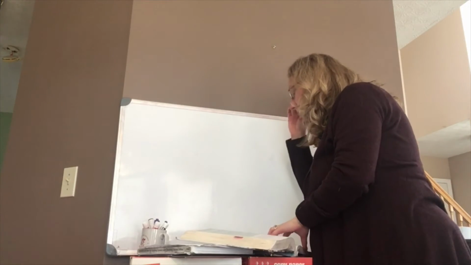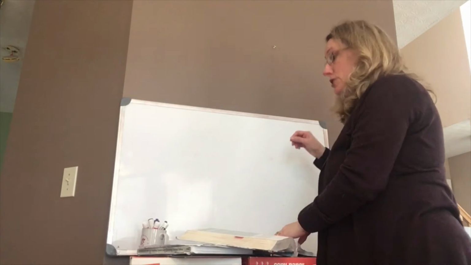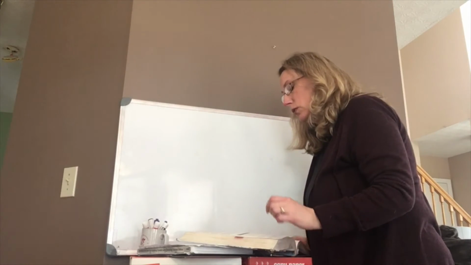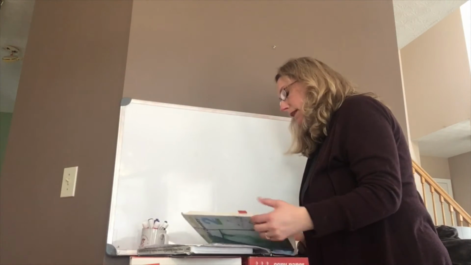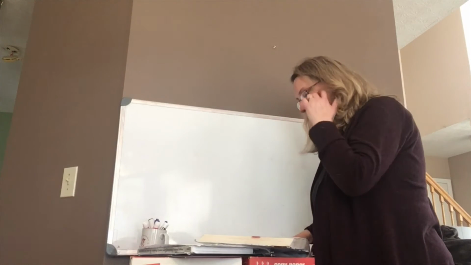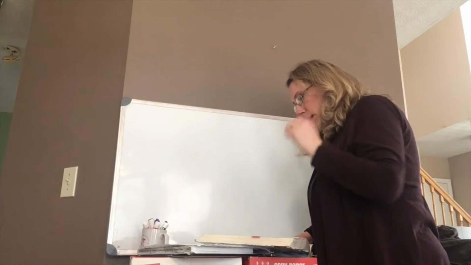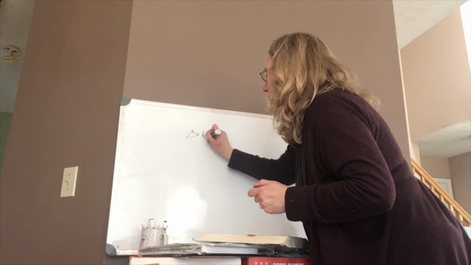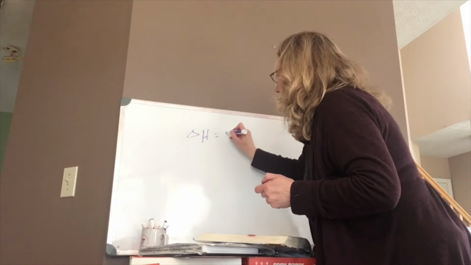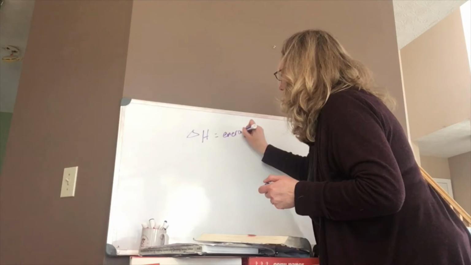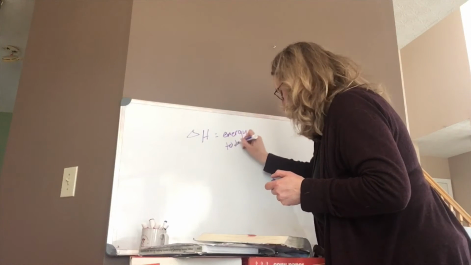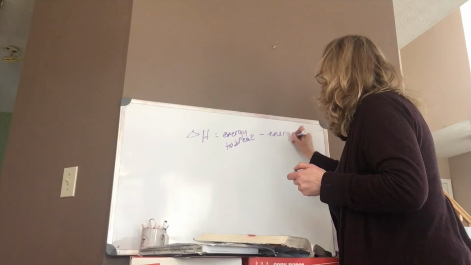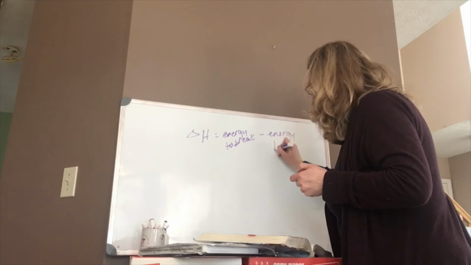Okay, so if you want to determine the energy that is stored in the bonds, you have to use table 13.1. It's on page 424. All right, so the first long way is delta H is the energy to break bonds minus the energy to form bonds.